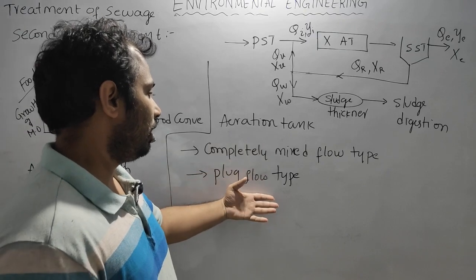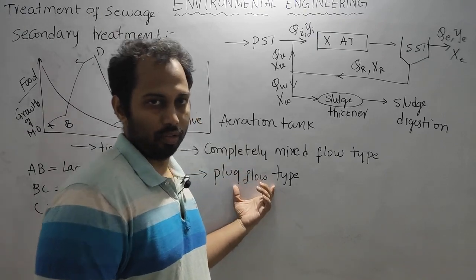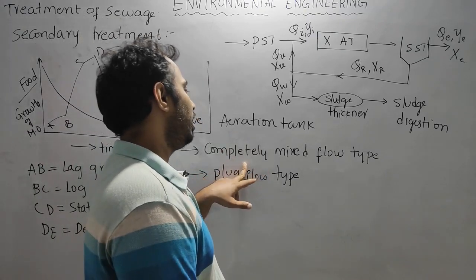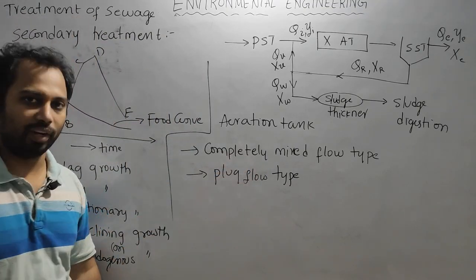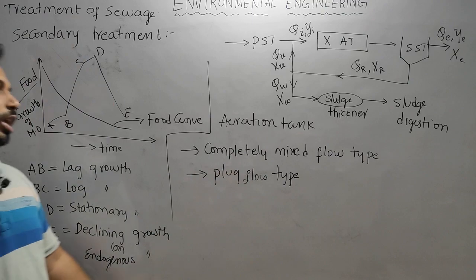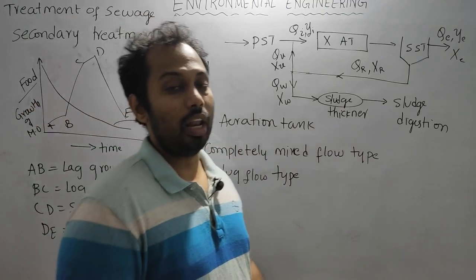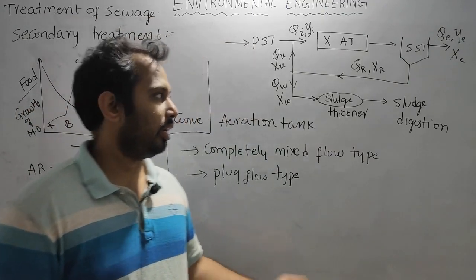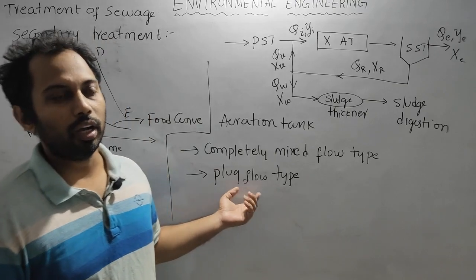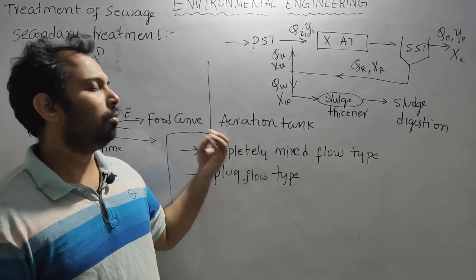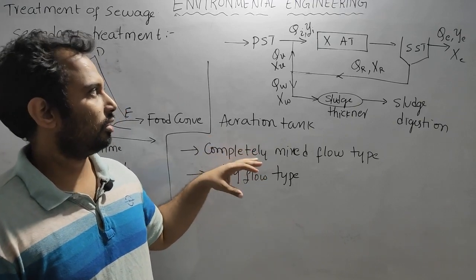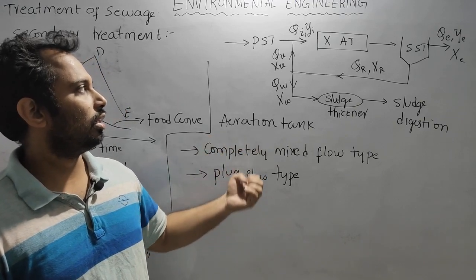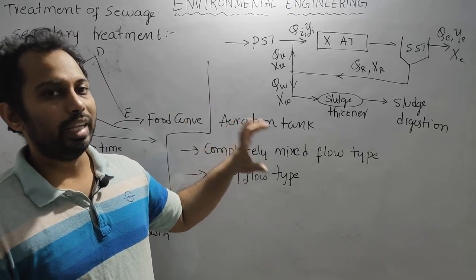When the amount of discharge is more, generally the amount of discharge for the completely mixed flow type is very less, whereas in plug flow type we can treat a larger amount of sewage. We will discuss these two in brief in the next class, and also all the derived parameters.